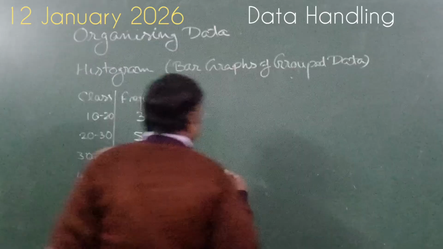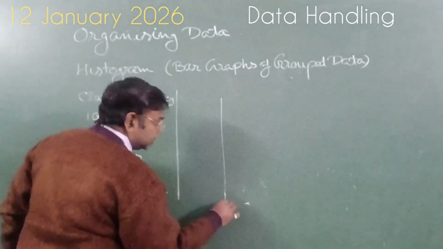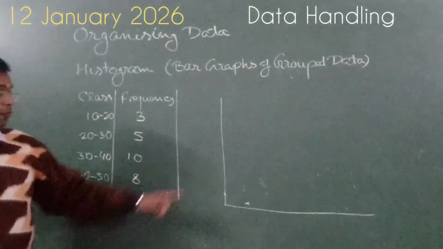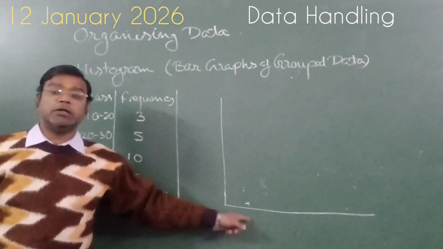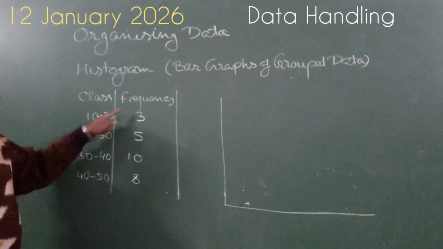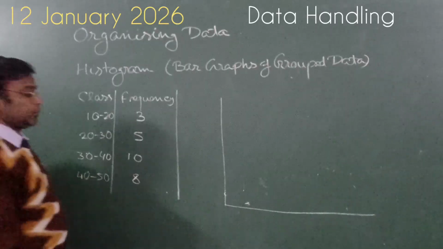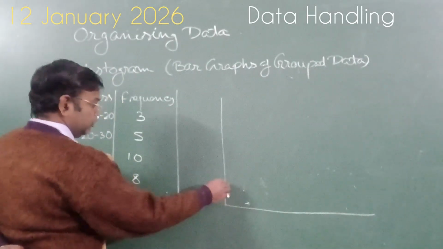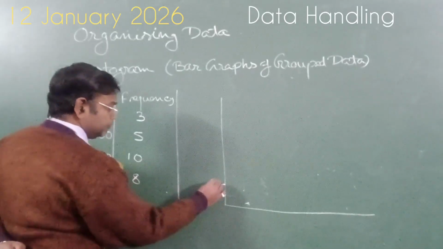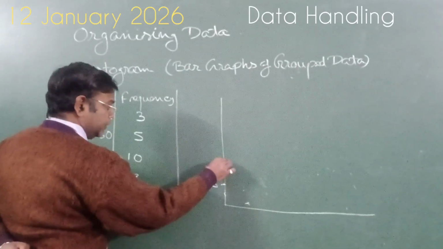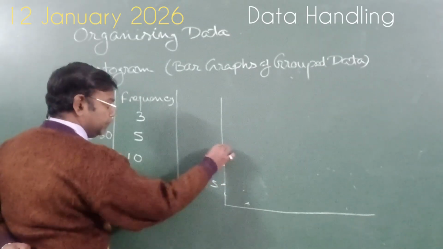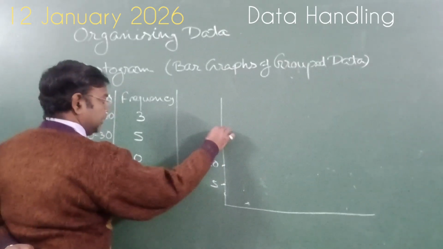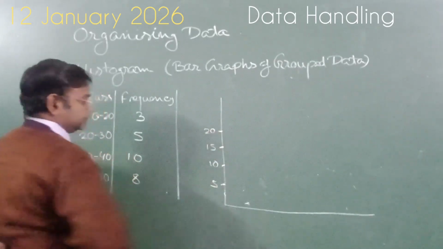As I told you in our last discussion, the variable must be on the y-axis and the fixed one on the x-axis. So here the variable is frequency. We start from 0, and take equal intervals of 5: 5, 10, 15, and 20, that's enough.